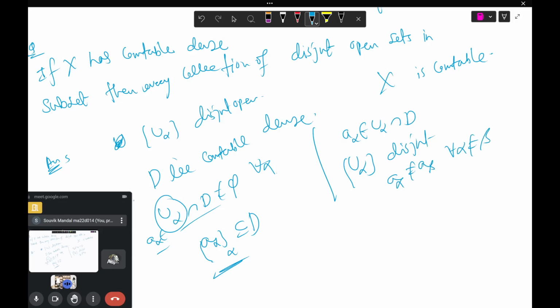So we get the collection of A alphas which lies inside D, and they are pairwise distinct. If we assume there are uncountably many U alphas and take an A alpha for each, we will get uncountably many A alphas. So the collection A alpha will be uncountable if the collection U alpha is uncountable. That gives the contradiction with the fact that D is countable.